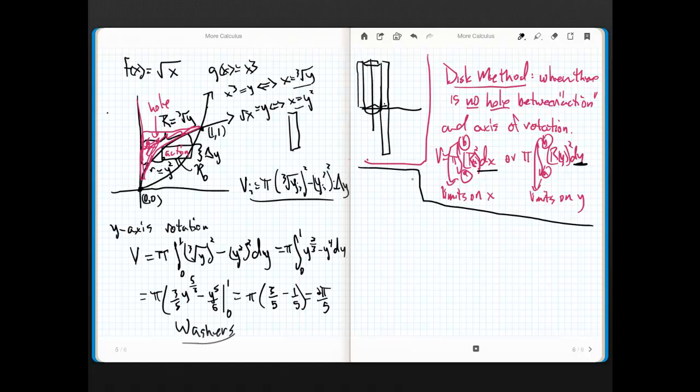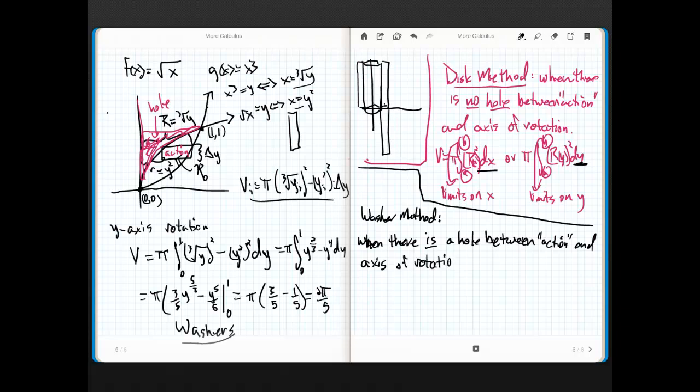Now let's talk about the washer method. Washer method. All right, when there is a hole between the action and axis of rotation.